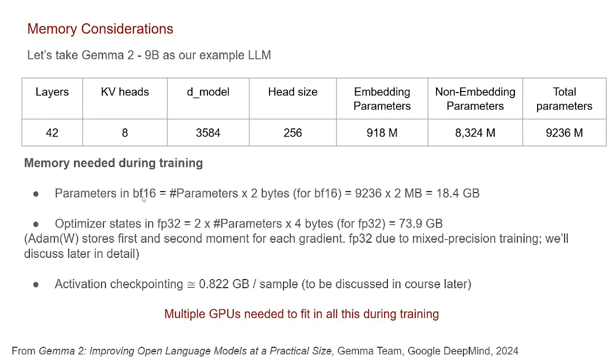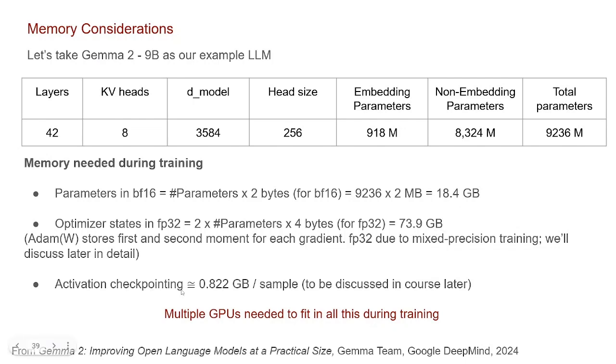During training, we would store the parameters in, let's say, BF16, and we would spend 18 GB for that. And when training, if you're using an optimizer like Adam, then we would have two optimizer states for each parameter, the first and the second moment. Let's say that we are storing them in higher precision, FP32. So overall, we spend 74 GB for the optimizer states, which is much bigger than the parameters themselves.